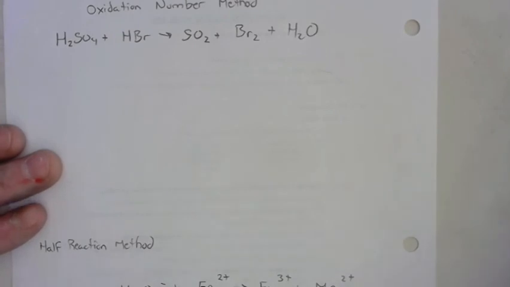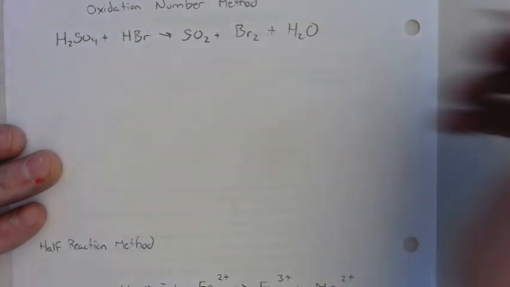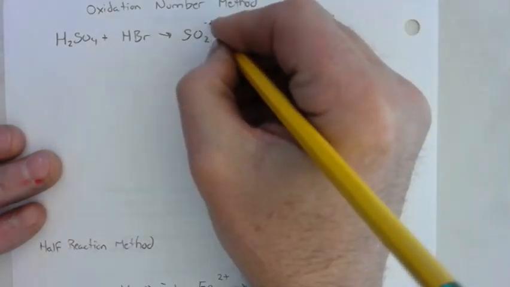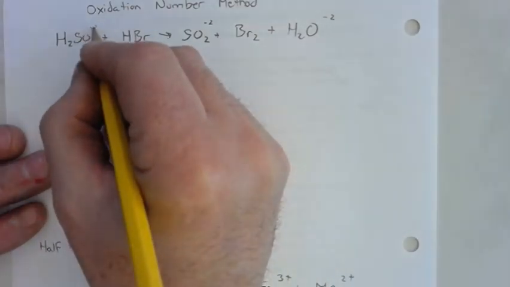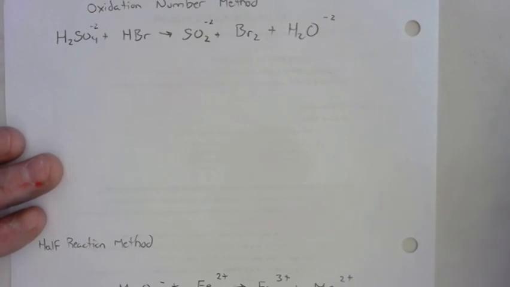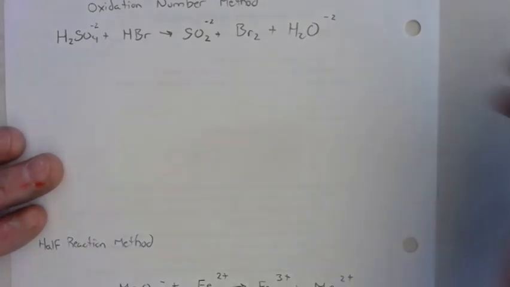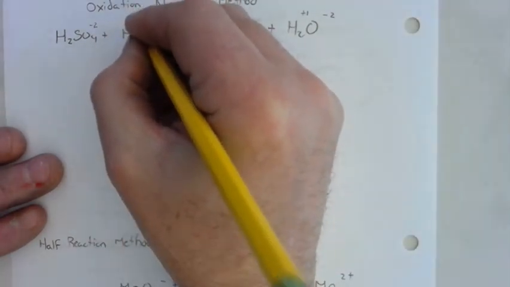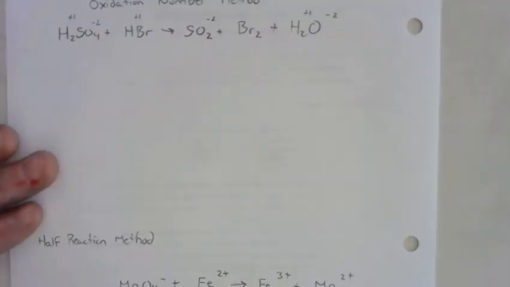Rule number three: oxygen, if it's bonded to a non-metal, always has a -2 charge. So that's -2, that's -2, and each of those are going to be -2. And then hydrogen, same thing, but with +1. That's +1, this is +1, and this is +1.